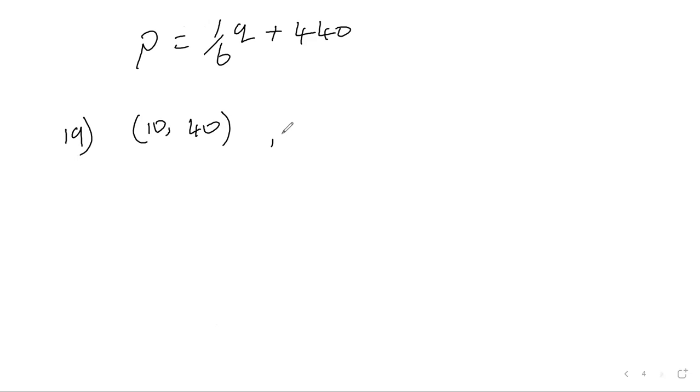And the cost to produce 20 units is 70. Find the equation relating C and Q if it is linear, and find the cost to produce 35 units.